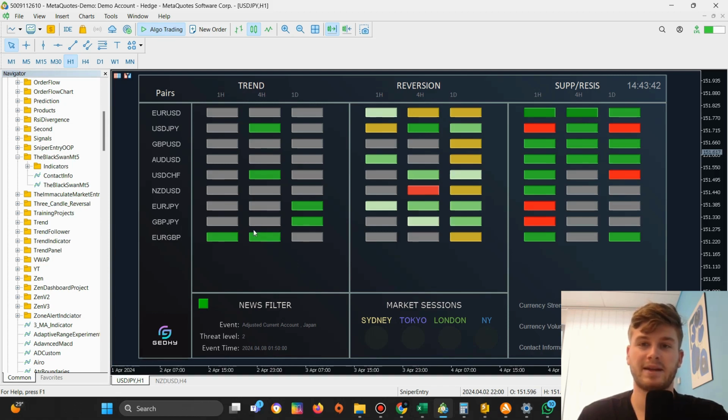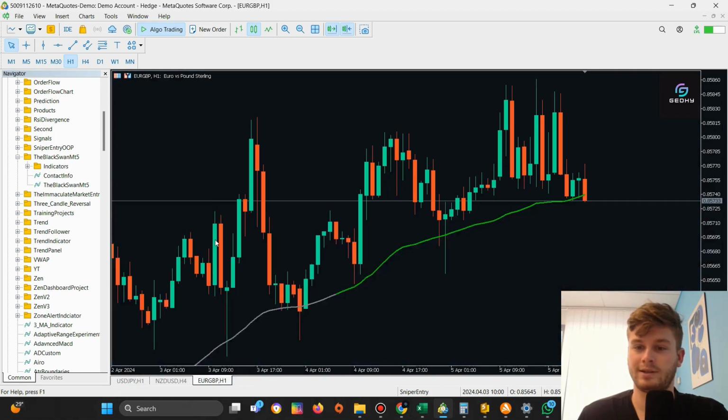Then after I pick my symbol that I will focus on, I move to the reversion indicator. What I want to see basically depends on the first indicator. So right now for EURGBP, when I am in a bullish trend, let's just check the chart.